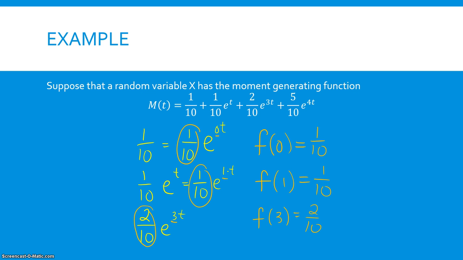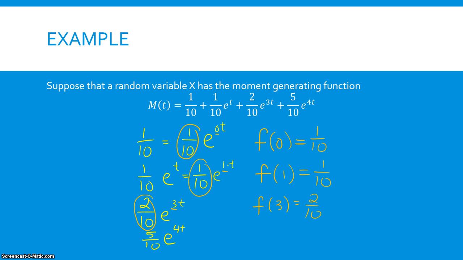And moving to our last term of the moment generating function, we have 5/10 times e to the 4t. 4 is a possible value, taken with probability 5/10. So f of 4 is 5/10. And that's how we can use a moment generating function to find the probability mass function. That brings us to the end of our video.